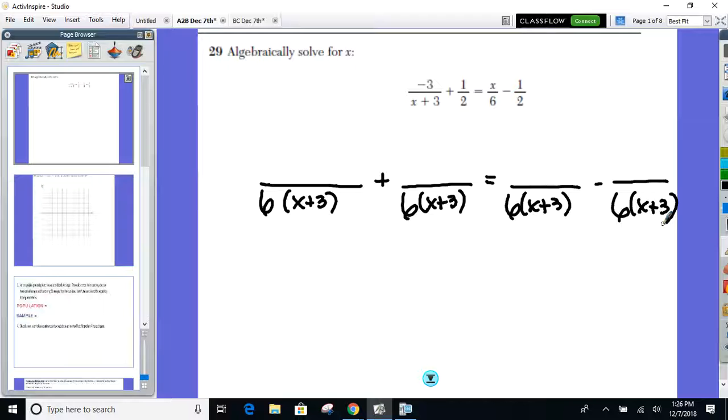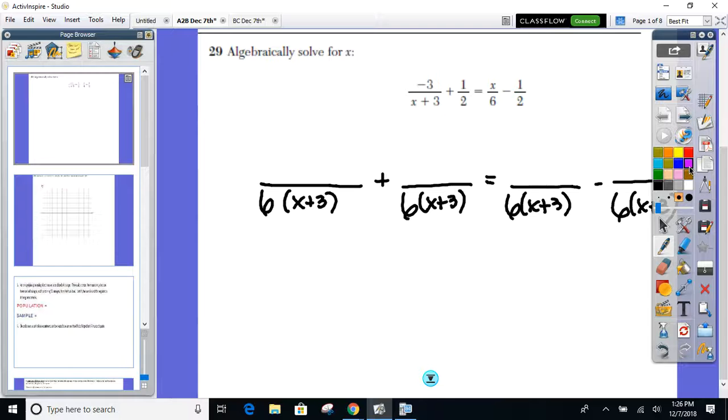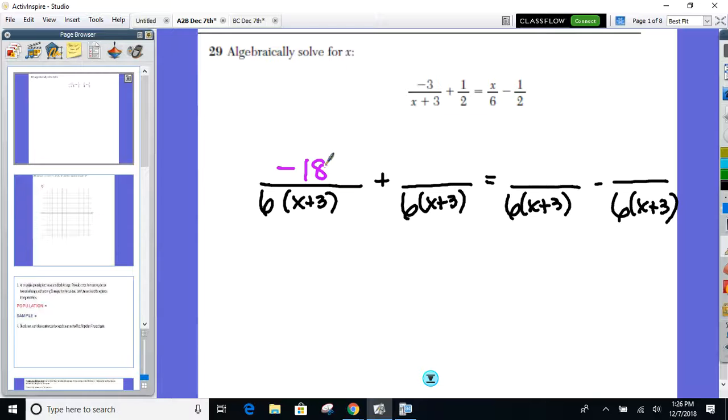All right. Put your knowledge to the test. What should I multiply this one by? What's this first denominator missing that my common one has? 6. So I can do negative 3 times 6. I can do that without showing that. That's negative 18 on top of that one. Ooh, be careful here. What is the 2 missing?